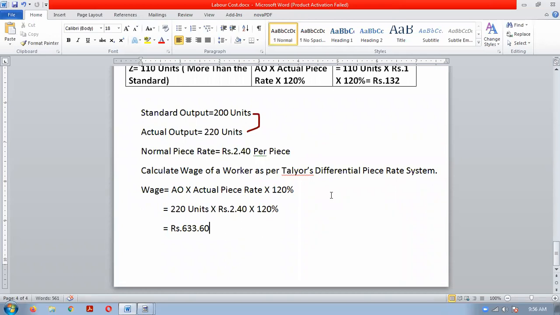Check this. 633.6. Understood everybody, this question on Taylor's differential piece rate system?